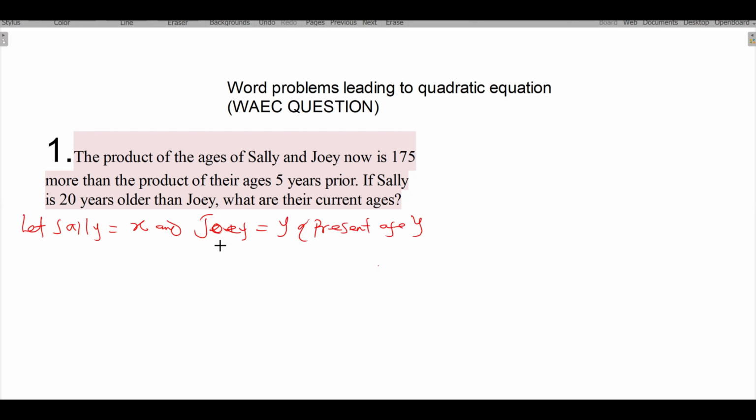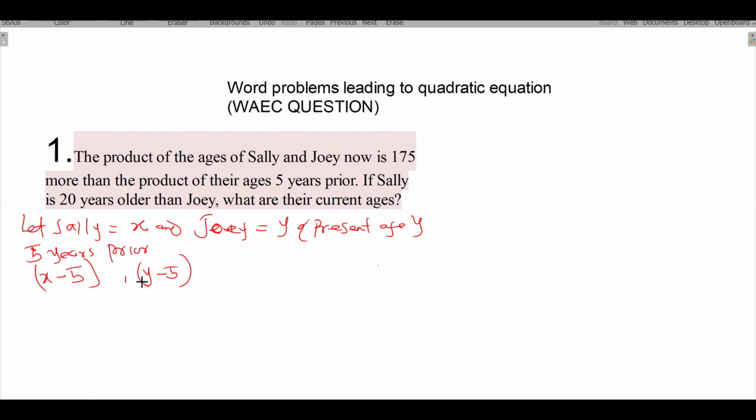Because if you don't know their present age, it will be difficult for us to get their age 5 years ago. When they say 5 years prior, it means ago, that means 5 years back. So for Sally, that would be X minus 5, and for Joel, that would be Y minus 5, 5 years ago. So that's the expression for it.